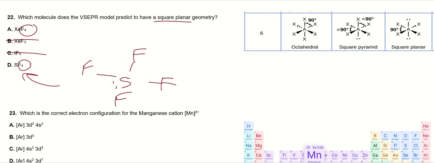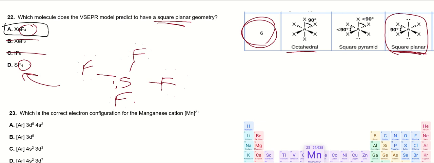And in order for us to get a square planar, we need to get an octahedral, 6 bonding regions. In other words, octahedral electron geometry. So A is going to be the answer.